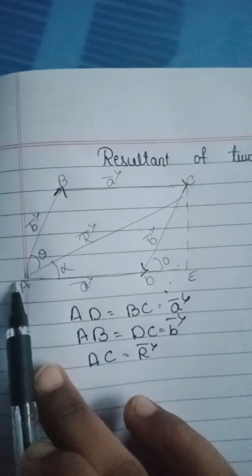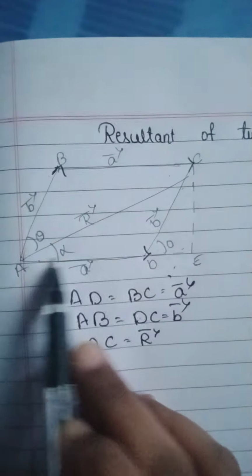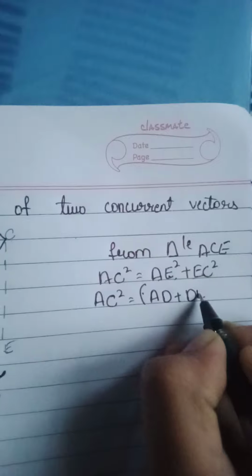AE has two parts, AD and DE. So AC square is equals to AD plus DE whole square plus EC square.